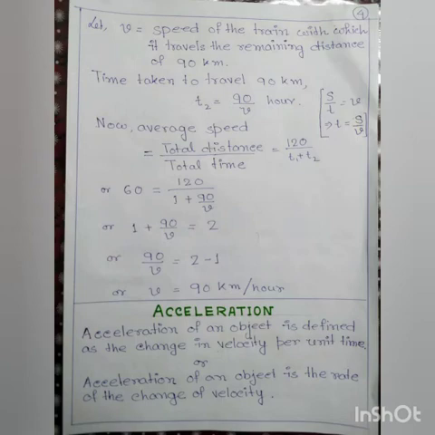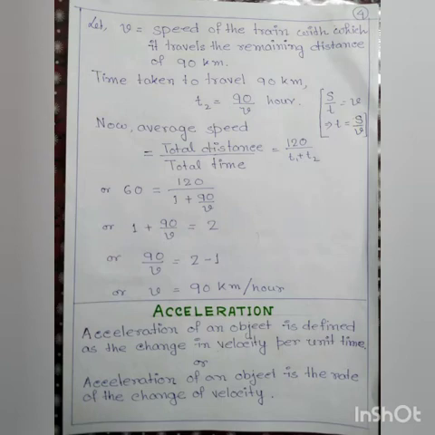Acceleration of an object is defined as the change in velocity per unit time, or acceleration of an object is the rate of change of velocity. Whenever any object is moving with non-uniform velocity, we have to consider the change in velocity and the total time taken for that change.